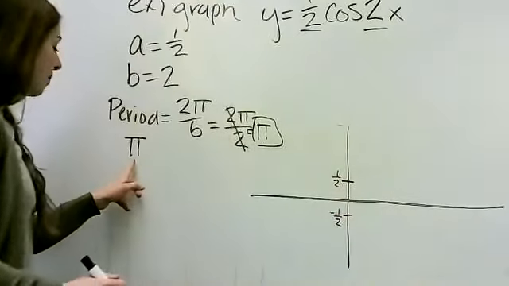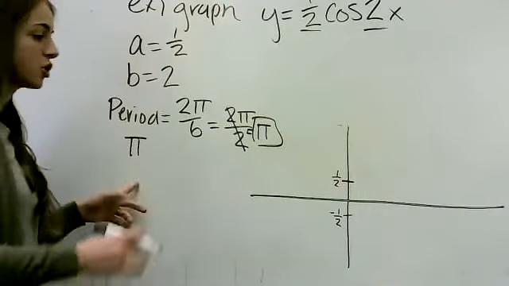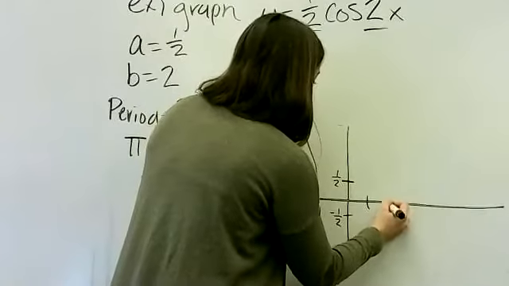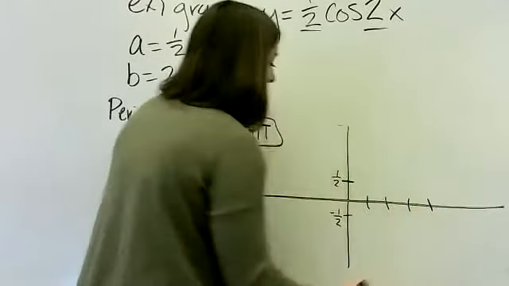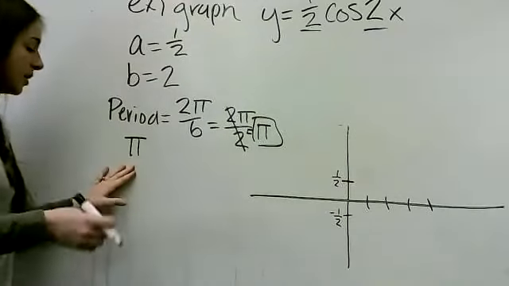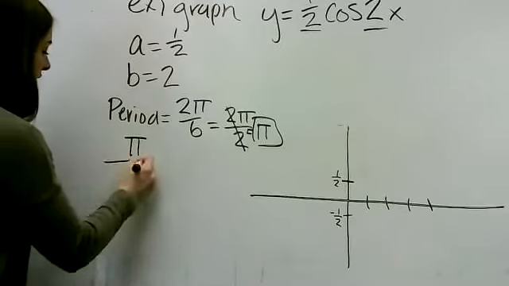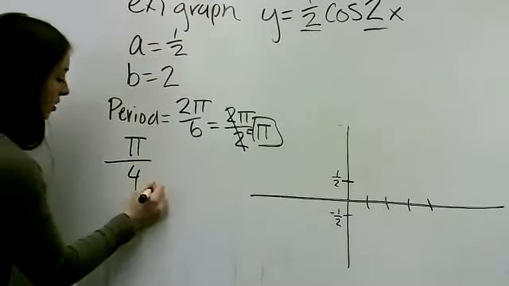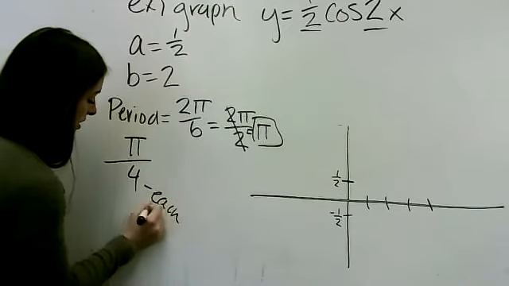But what are my division lines going to be? I try to draw these to scale as best as possible. Sometimes it gets tough because you don't know how long each of those are until you start figuring this out. As always, every single time, take your new period and divide it by 4. That will be the length of each section.